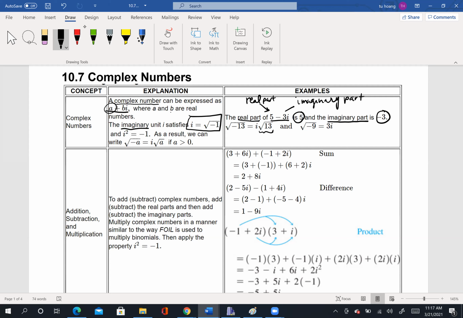And the square root of negative 9 we can derive as the square root of 9 multiplied by i, and that can be 3i, as you see over here, right? And 3 here is the imaginary part.